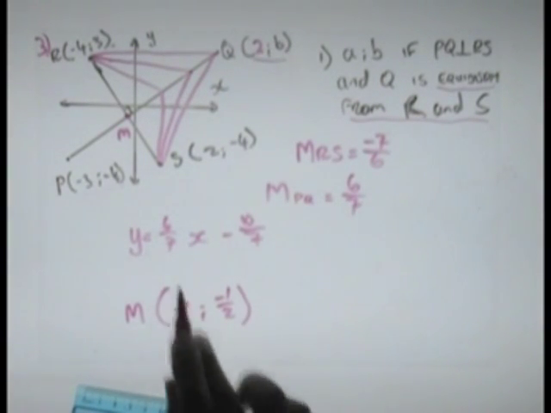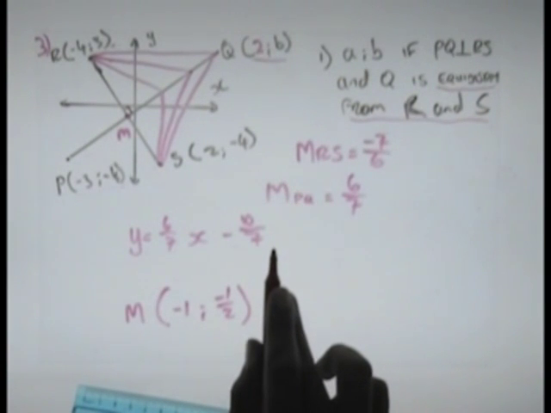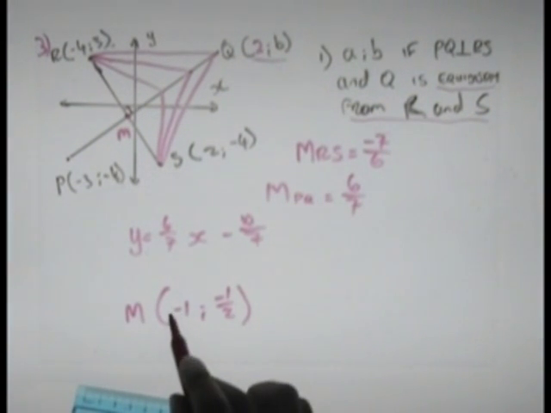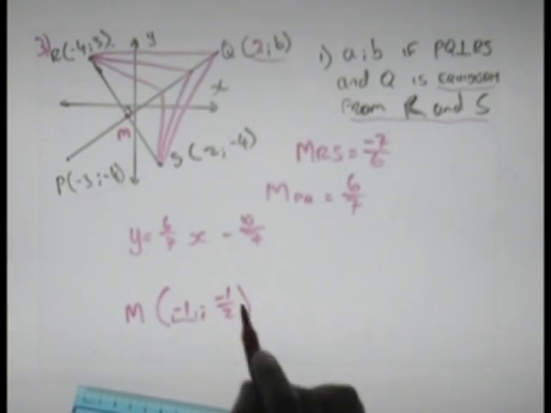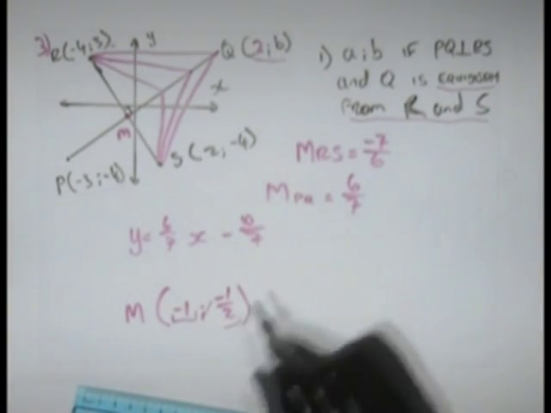Does this point fit in there? Well, let's test it out. If this point fits in there, if I substitute this in place of x, y should give me that.